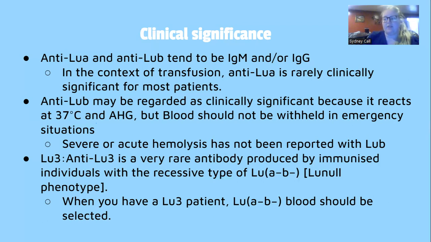When anti-LUA is detected in a patient's pre-transfusion sample, there's usually no requirement for selection of LUA negative donors for red blood cells, because 92% of the units are going to be LUA negative.